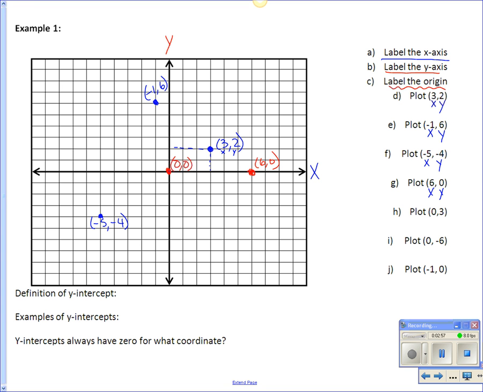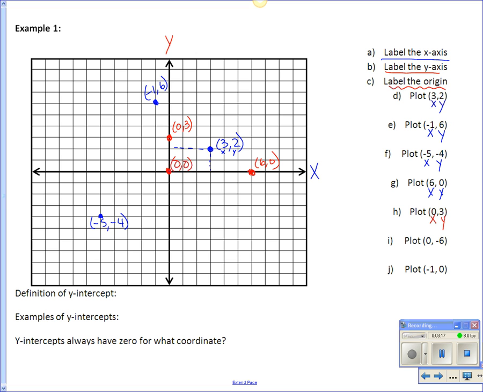The next point, label, label, label, X and Y. This time, 3 is in the Y spot. So I'm going to put a 3 on the y-axis. 0, 3.